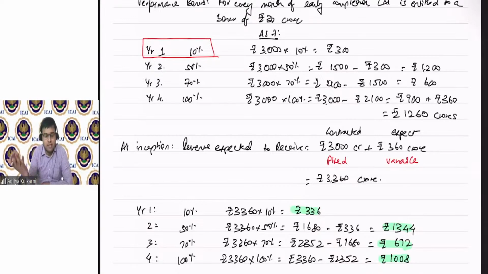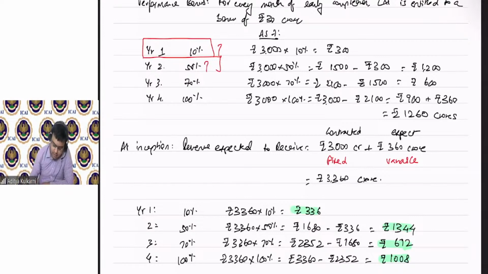That is correct. Now in year 2, the incremental percentage completed is 10 to 50, that is 40%. So 3,000 into 40%, what you are recognizing is 1,200.